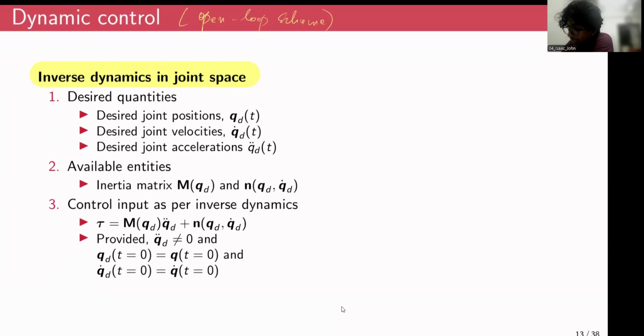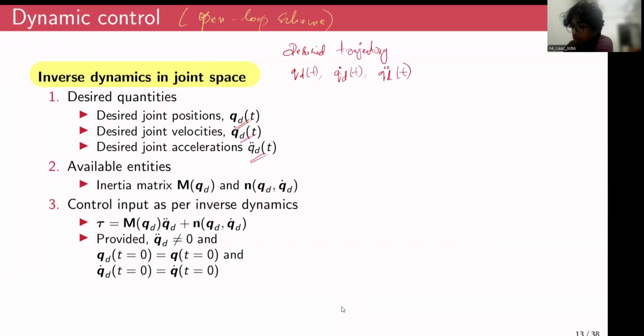So as before, the desired quantities are a desired position. We want our robot to track a trajectory specified by the desired position, desired velocities, and desired joint accelerations. Okay? So the desired trajectory is specified by q desired of t, q desired dot of t, and q desired double dot of t.